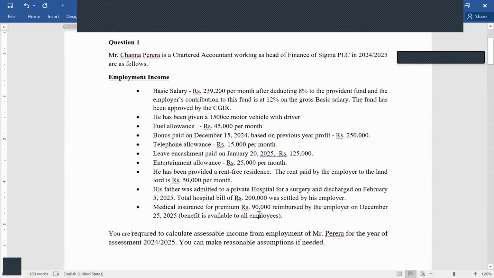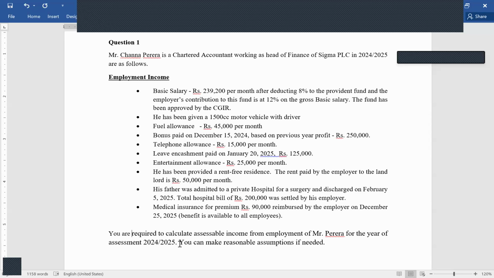I have given that sentence because sometimes you cannot understand what to do. At that time, you can make reasonable assumptions, not just any assumption, but a reasonable one.